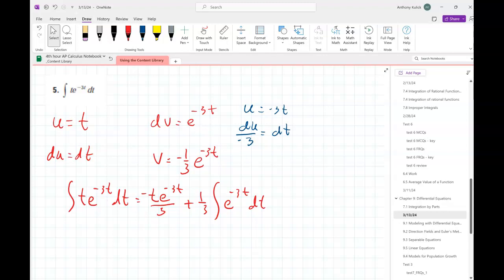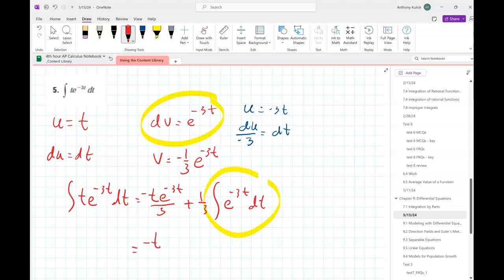Notice that I brought the negative out front and made it positive. And look at this. We already did this, right? Oh, that's so convenient. And then it should just be cleanups from there.